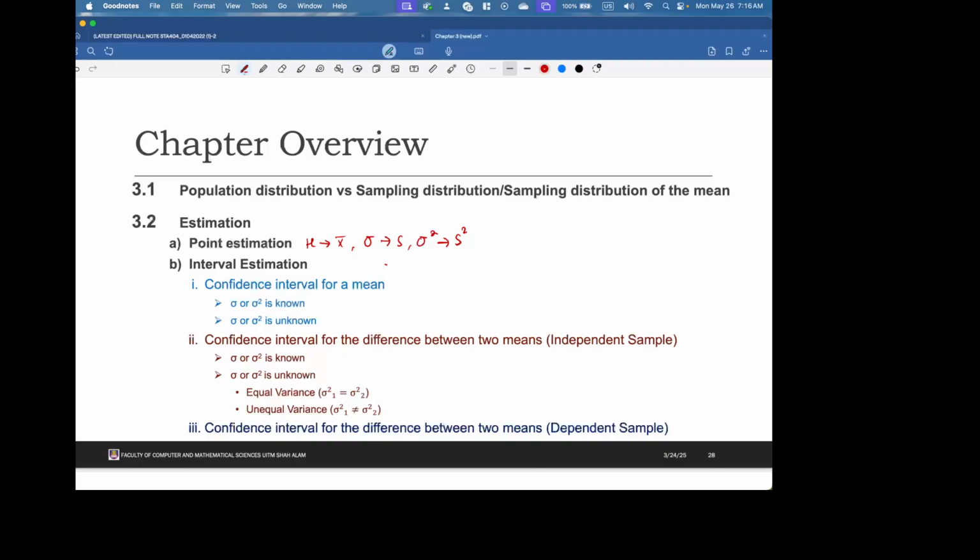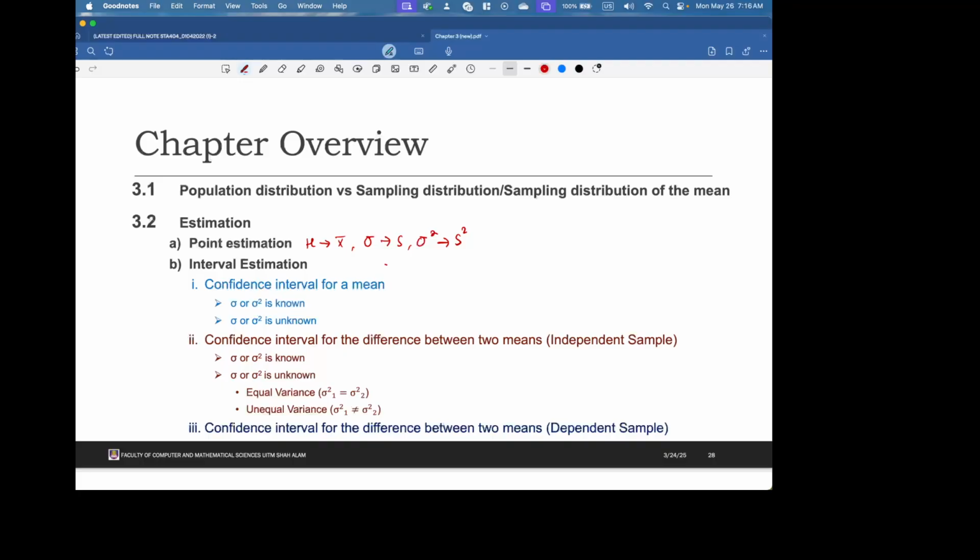And last week I discussed interval estimation, where instead of estimating by using a single value, we have the min and the max value, which means that we have a range.